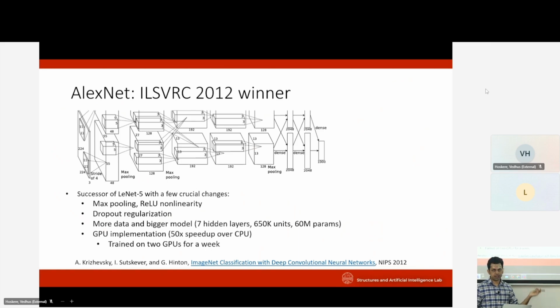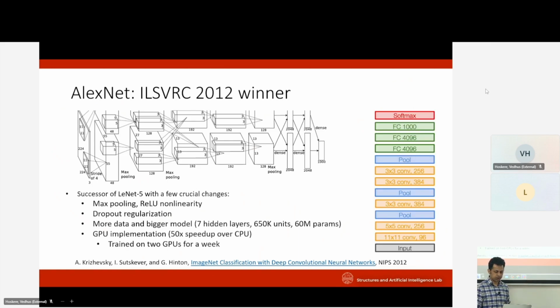GPT-3, for example, is 175 billion, and the Llama models, the biggest one is 405 billion, and GPT-4, they haven't released it, but maybe people say it's 500 or 600 billion, or maybe a trillion. So things have grown since this time, but for CNNs, these are still the building blocks that are commonly used.